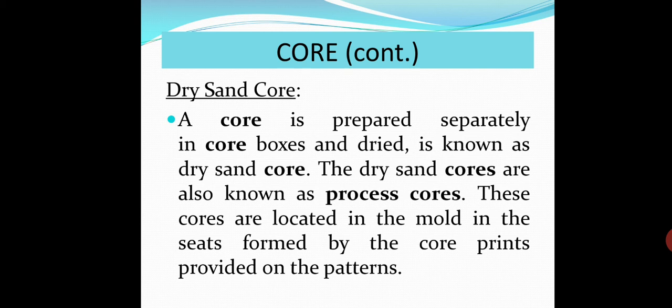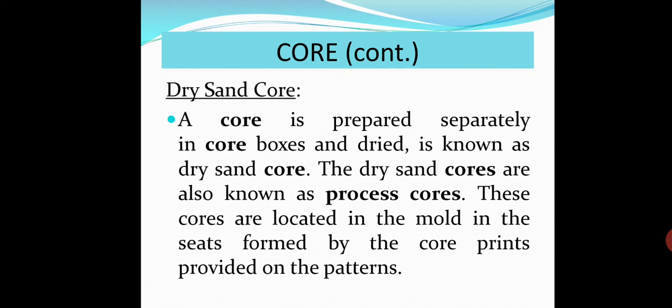Next is dry sand core. This core is prepared separately in a core box and then it is dried. So this is known as dry sand core. The dry sand cores are also known as process cores. These cores are located in the mold in the seats formed by the core prints provided on the patterns.